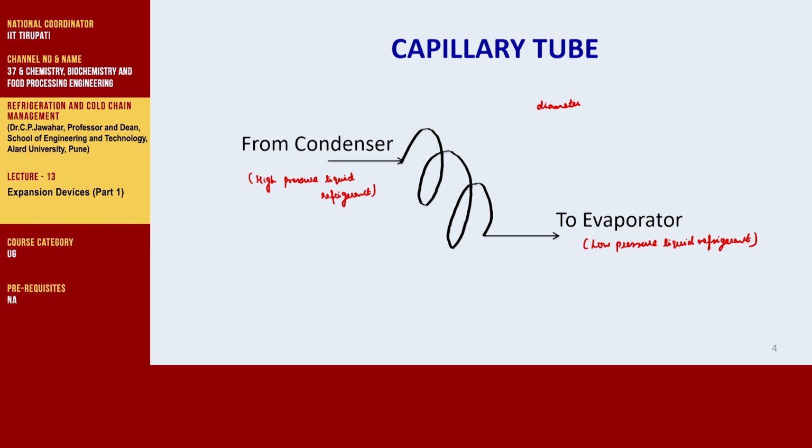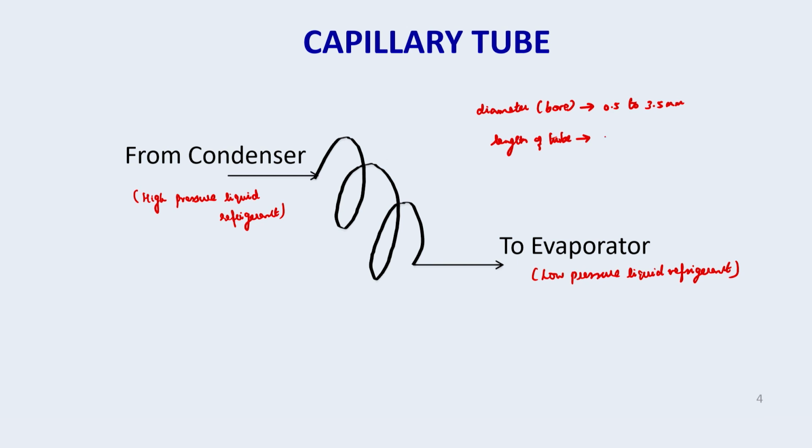Diameter or bore varies from 0.5 to 3.5 millimeter, length of tube 1 to 5 meter. It is connected directly from the condenser to the evaporator.